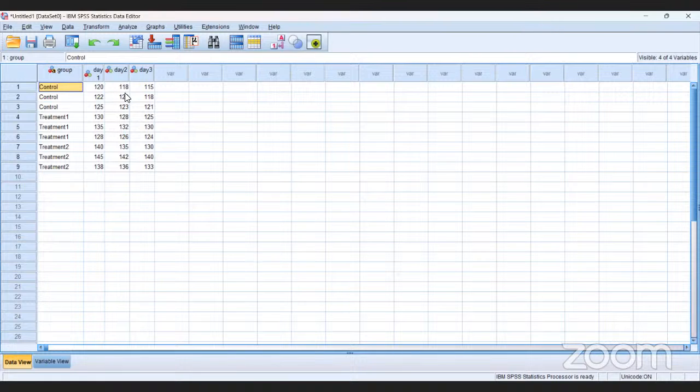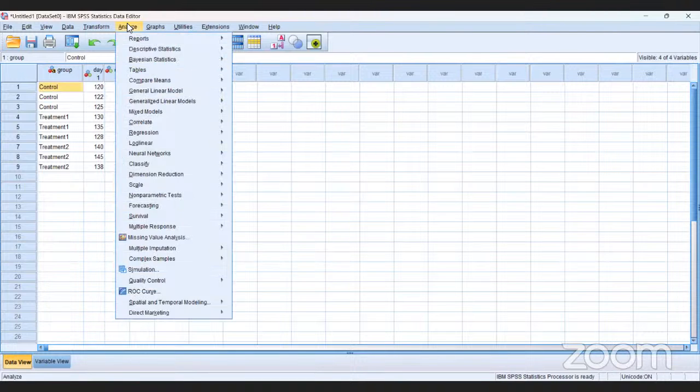Now you have to click the analyze. After that, general linear model. General linear model, in case of the ANOVA without repeated measure, you have used univariate. But here you have to click the repeated measures.